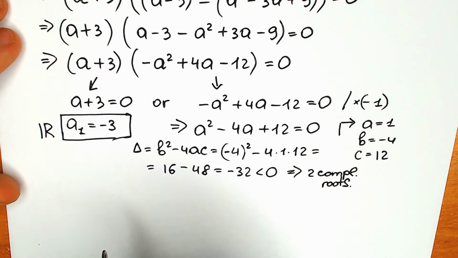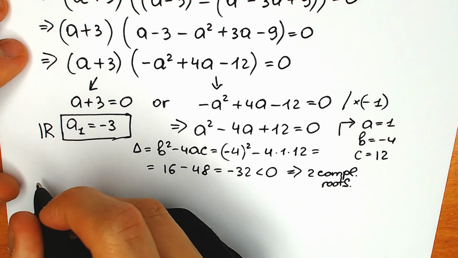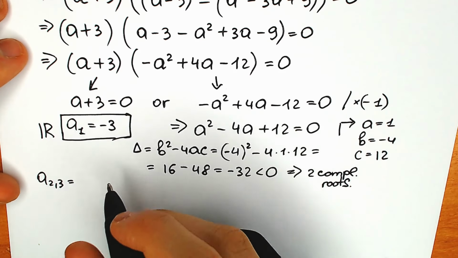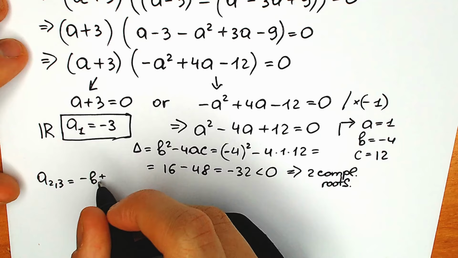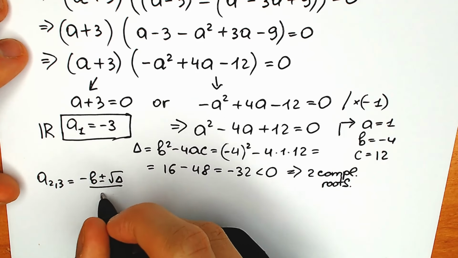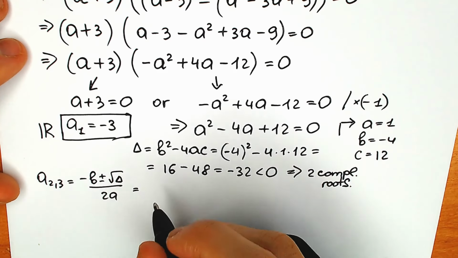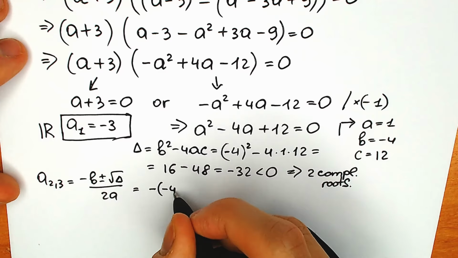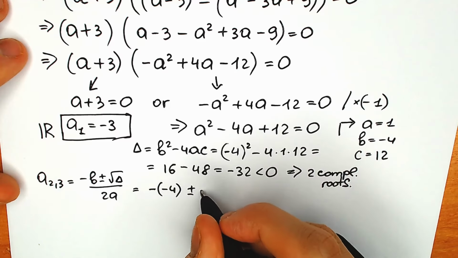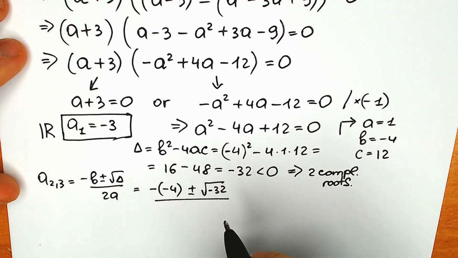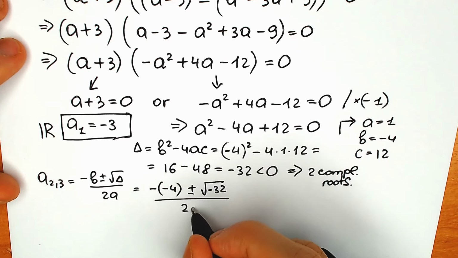So let's find them. We have a second and a third. So minus b plus minus square root of discriminant and all over 2a, the well-known formula. And let's continue right here. So minus b, minus minus 4, plus minus square root of minus 32 and all over 2 times a, 2 times 1.